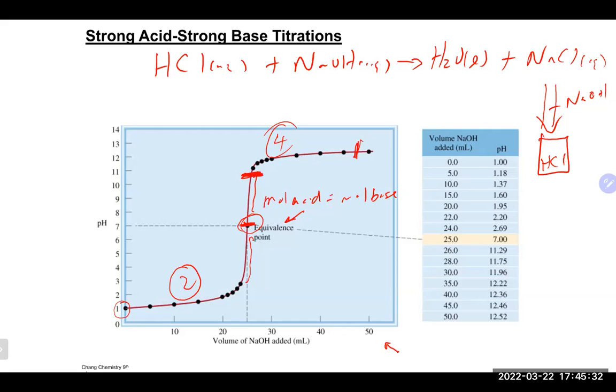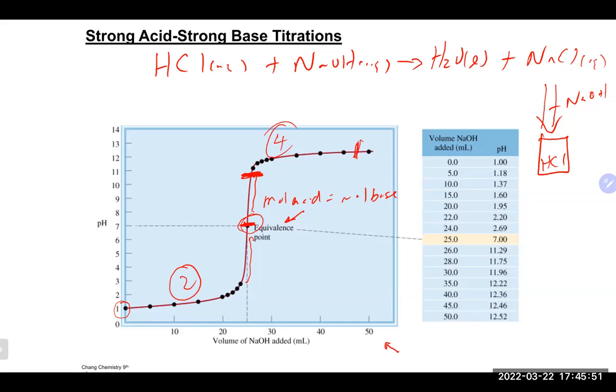We get a flip where the acid, in this case the HCl, becomes the limiting reagent, and the sodium hydroxide, because that pink color didn't stop you from stopping your titration and you just kept adding, now becomes the excess reagent.